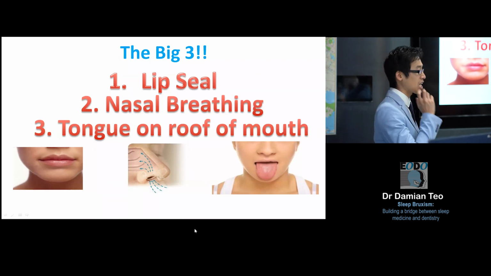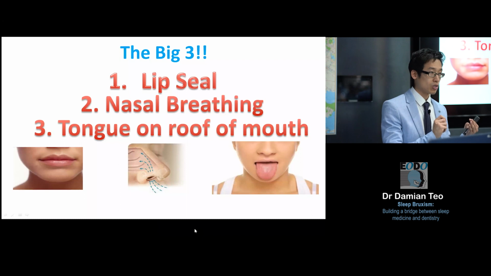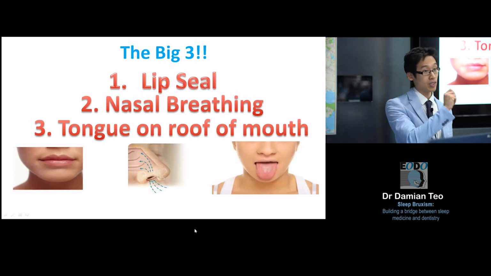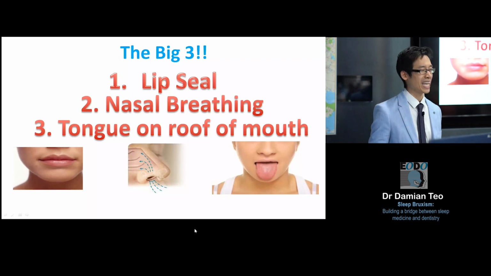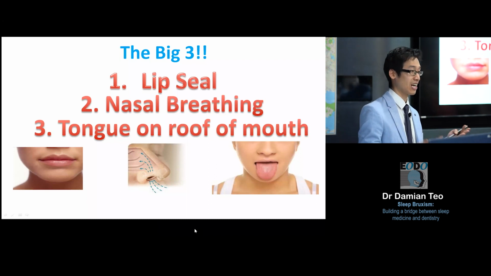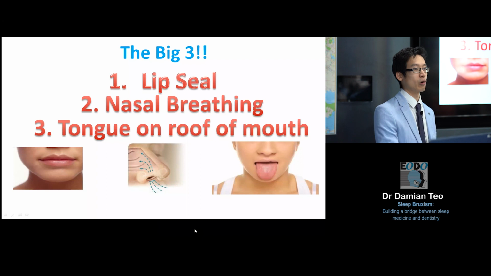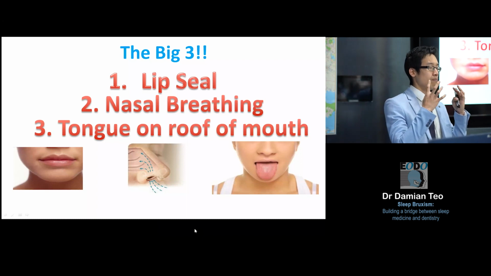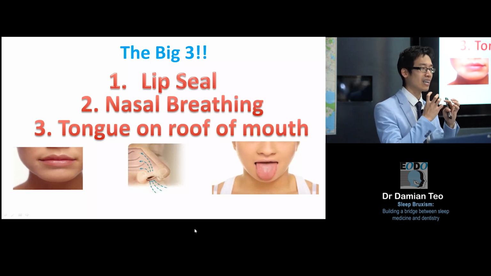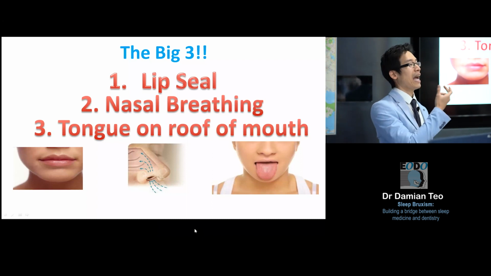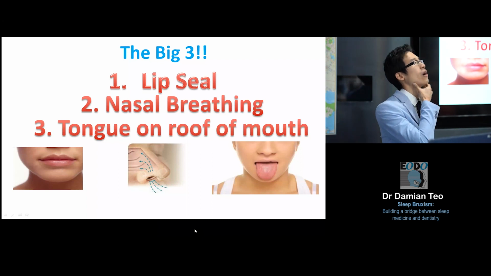Now, when we're having the tongue on the roof of the mouth, the tongue should sit right behind the incisive papilla. We call this the N spot. So when you say the N, our tongue touches up there. And the reason we want the tongue on the roof of the mouth is, well, for kids, it will help with growth and expansion. But in clenching and grinding, the tongue is a very strong muscle. And it's connected to our mandible and our throat.